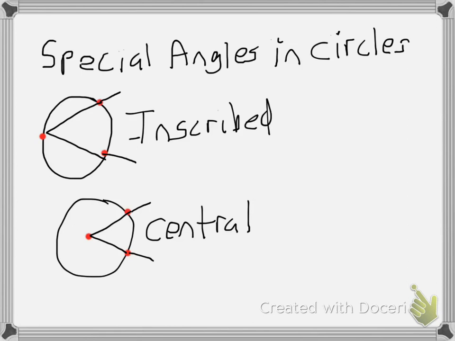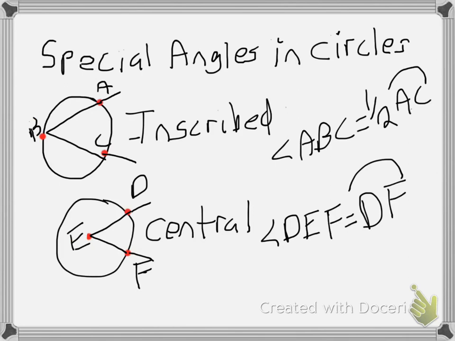Now, inscribed and central angles also have some specific relationships to the arcs that they cut through. The first one, notice I have labeled this angle ABC in my inscribed circle. The measure of angle ABC is equal to 1/2 the arc that it cuts through, which is the arc AC.